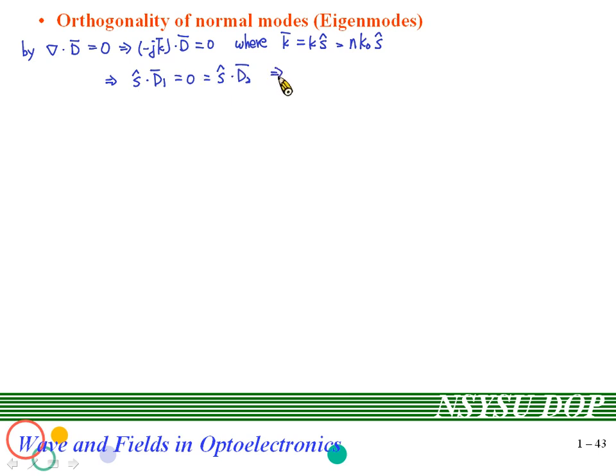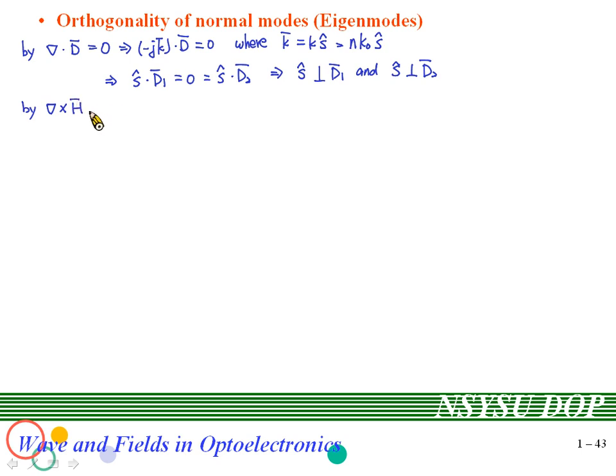So we can say that s hat, the direction of k, the direction of the wave, is perpendicular to d1, and it is also perpendicular to d2. Okay?